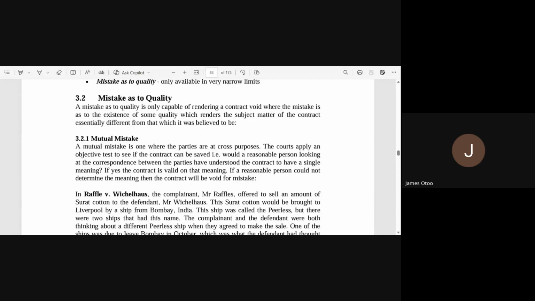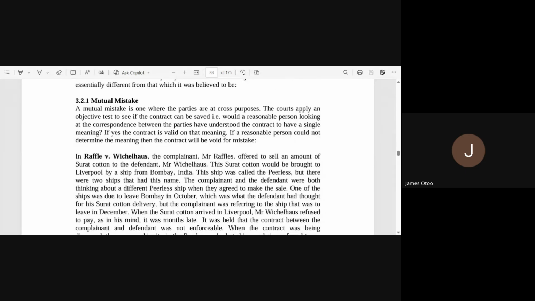Now let's look at mutual mistake. Mutual, both parties at cross purpose. And of course, we apply the objective test to know whether or not there was an agreement. The popular case that comes to mind is Raffles v. Wichelhaus. Here, the complainant, Mr. Raffles, offered to sell an amount of surat cotton to defendant, Mr. Wichelhaus. This cotton would be brought to Liverpool by a ship from Bombay, India.